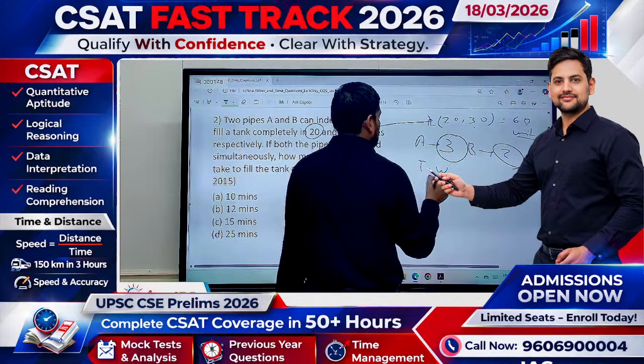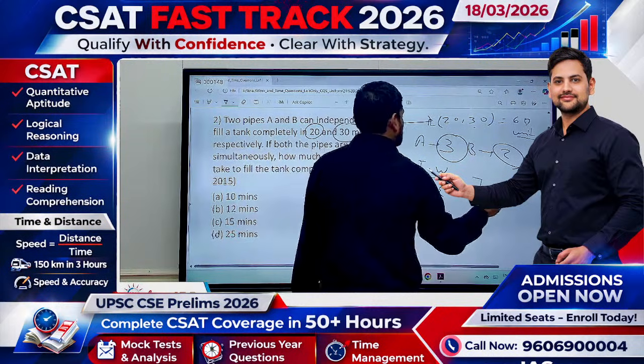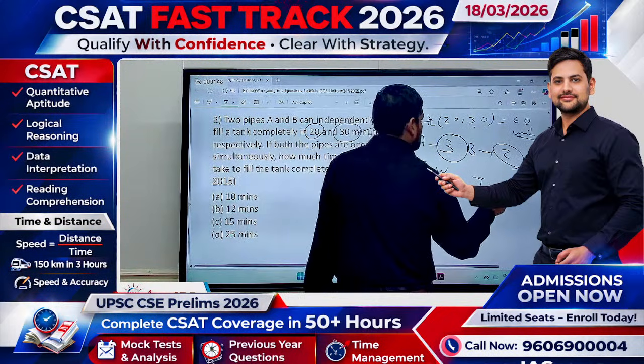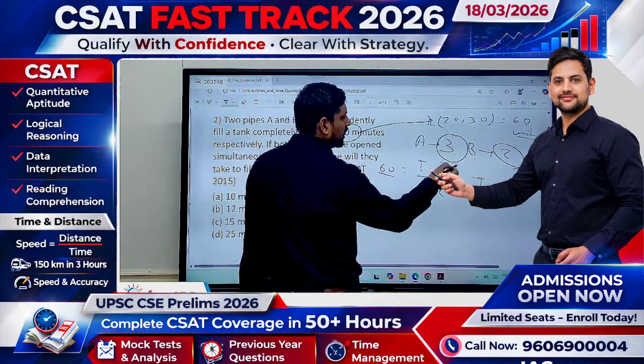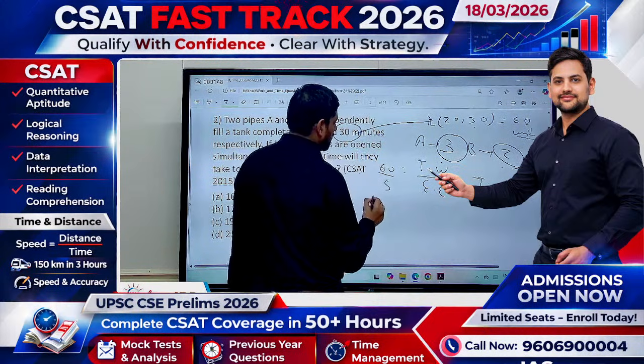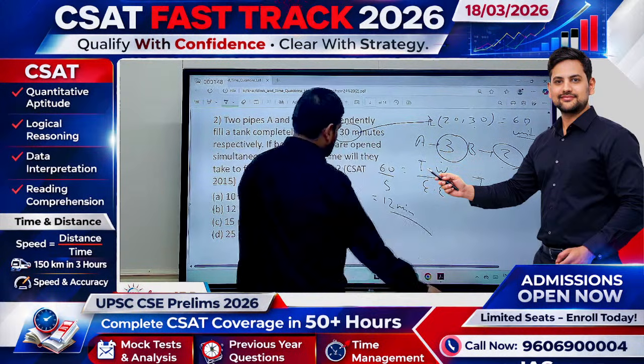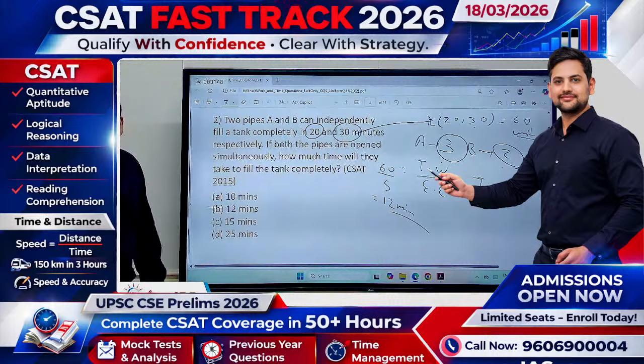So total work divided by effective efficiency will give you the time. Correct? What is the total work? Total work is 60. Effective efficiency 3 plus 2, 5. What you get? Fine. Same process.